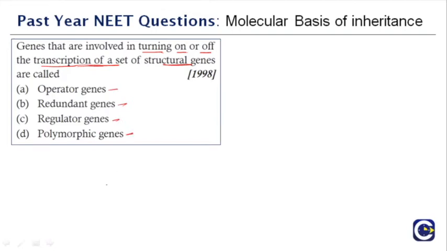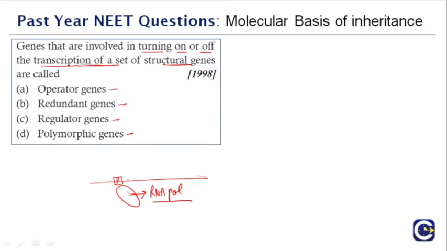So what happens in case of transcription? There is a promoter sequence, and the RNA polymerase has to bind to the promoter sequence. But genes that are involved in turning on or off the transcription of a set of structural genes, what does this remind you of?